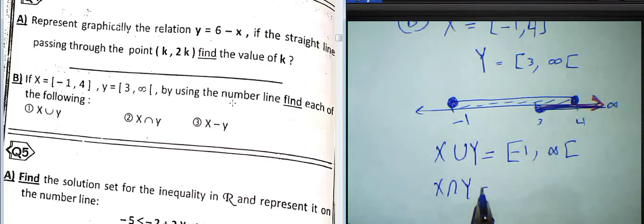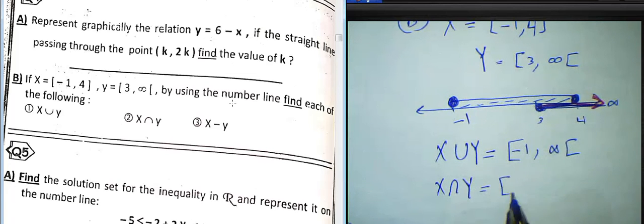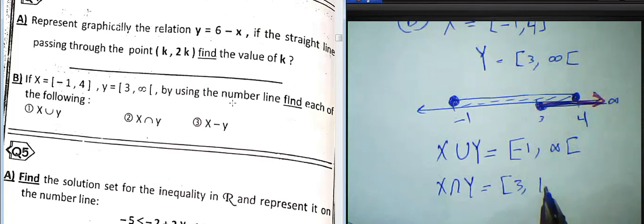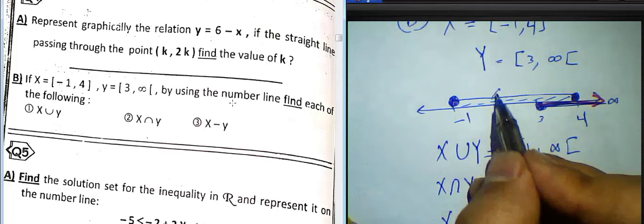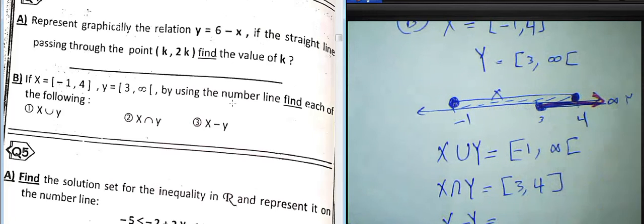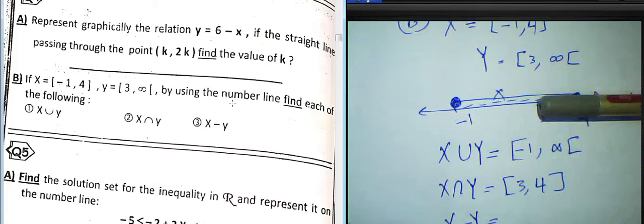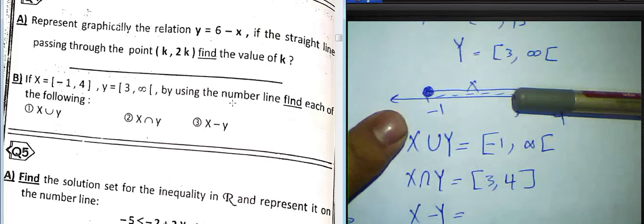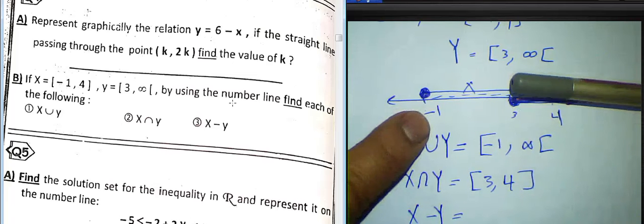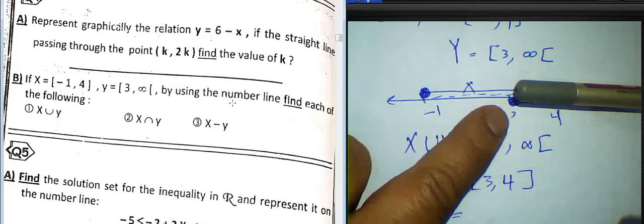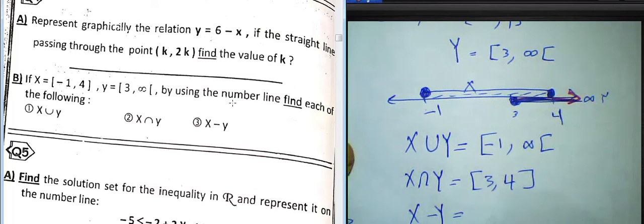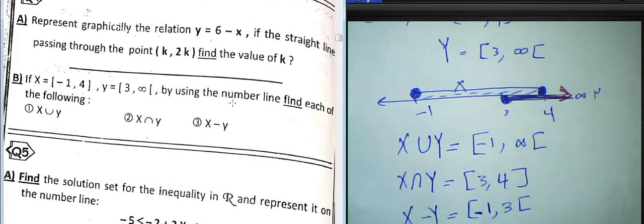And x intersection y is from 3 to 4, and 4 was closed. And x difference y: this interval x and this interval y, we can cancel this interval here and write the remainder from x, from -1 to 3, but 3 will be open. We must write -1 closed to 3 open. Okay, understood?